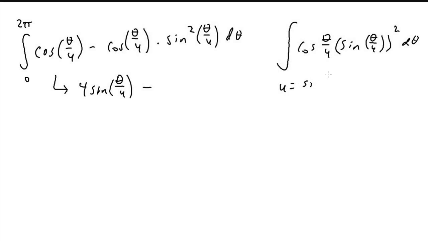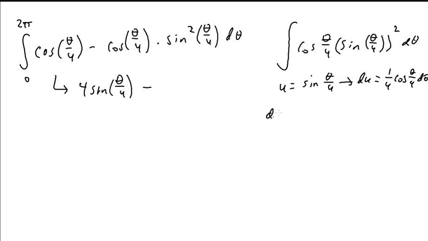So if u equals sine of theta over 4, then the derivative of u, or du, is going to be equal to 1/4 cosine of theta over 4 d theta.